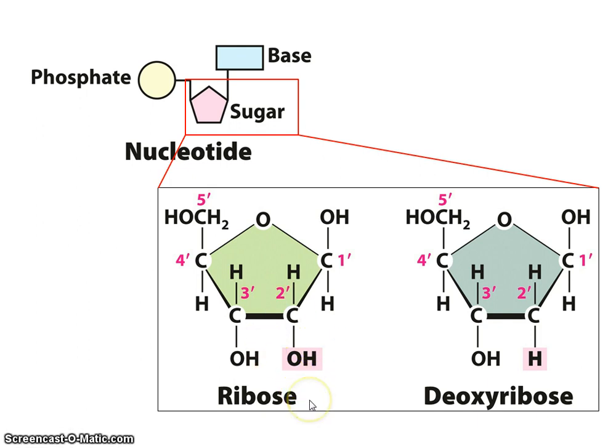So the real difference between RNA and DNA is with the sugar. The ribose sugar has 2 hydroxyl groups at the 2' and 3' carbons, whereas deoxyribose only contains a single hydroxyl group at the 3' and a hydrogen at the 2'.